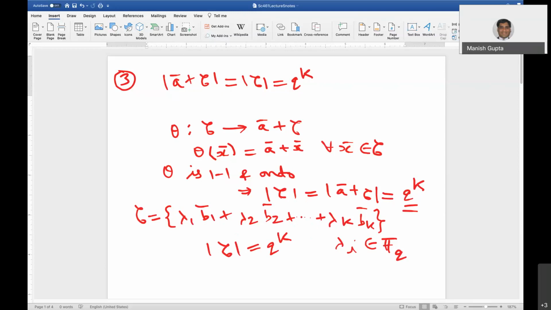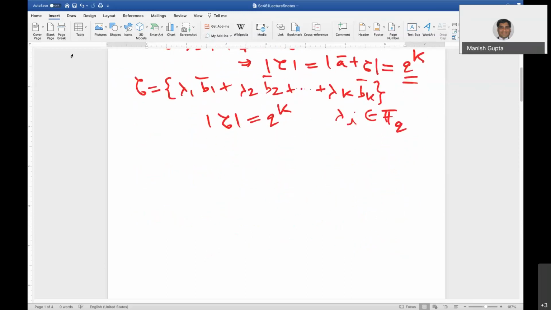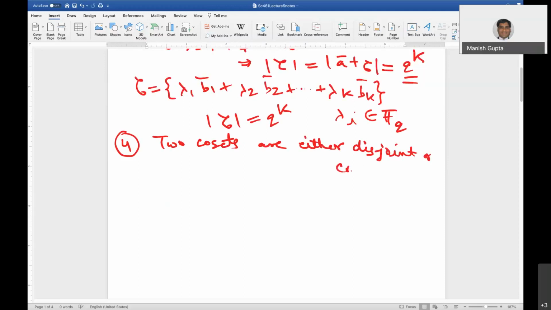Last, in fact, the fourth property, I can now list. The fourth property says that two cosets are either disjoint or coincide.